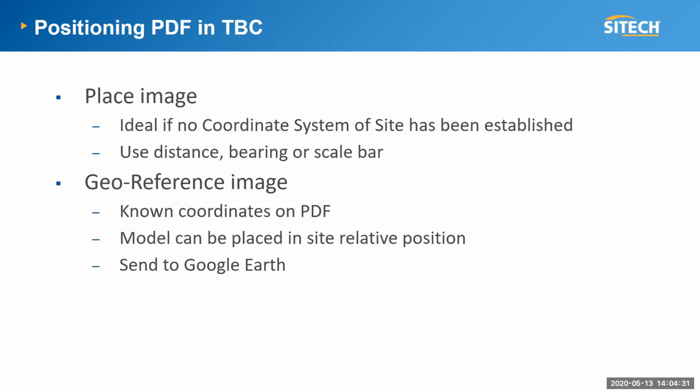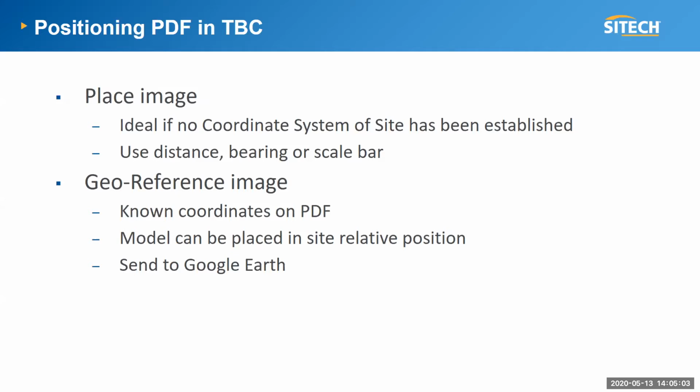If you don't have a coordinate system, you don't know any site coordinates or anything like that, and you just want to get a drawing in there and do a bit of a takeoff or an estimation of quantities, you can place it by using a scale bar or a known distance or a bearing, where you'll have the correct scale. You could have the correct orientation, but you may not have the correct position, which you could then move after the fact when you've built a model.